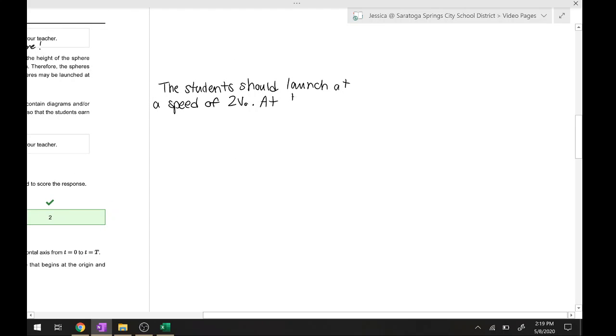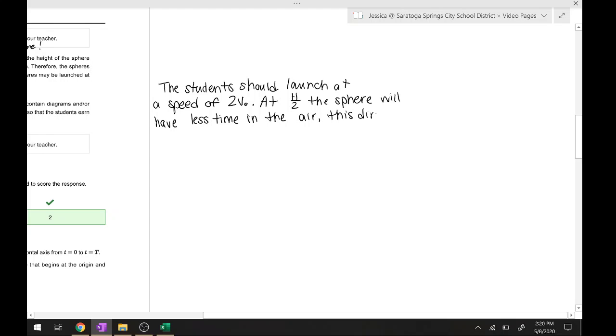So at h over 2, the sphere will have less time in the air.